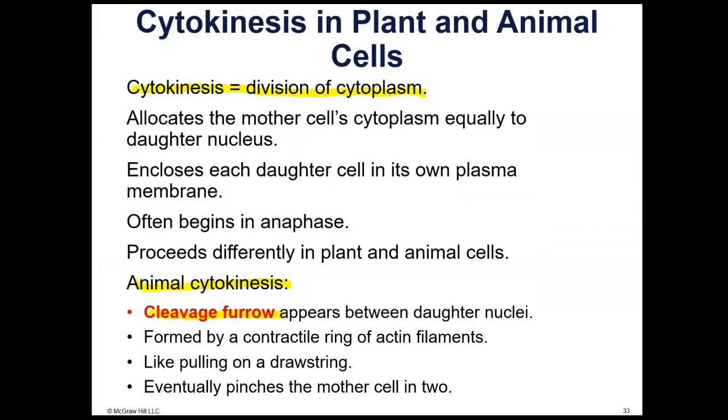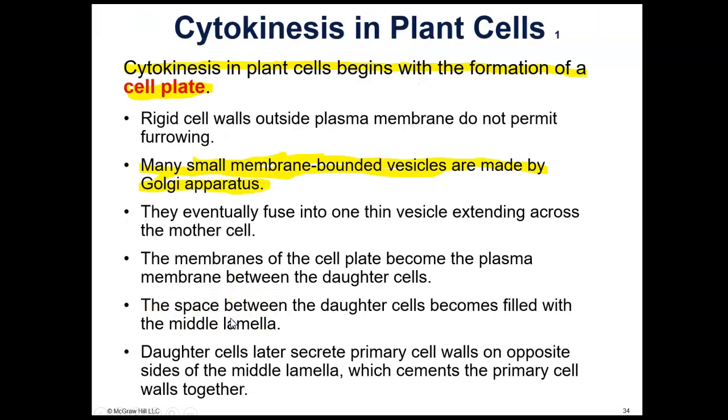All right, cytokinesis in plant and animal cells is a little different. Cytokinesis is the division of the cytoplasm. So it's the point at which the parent cell splits into two daughter cells. In animal cells, cytokinesis begins with the formation of a cleavage furrow.